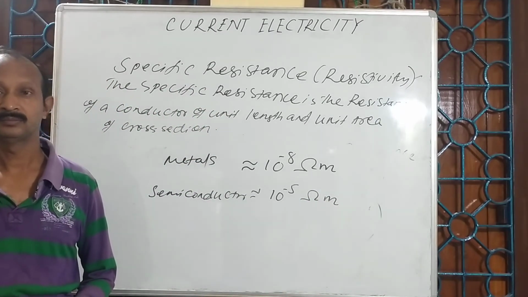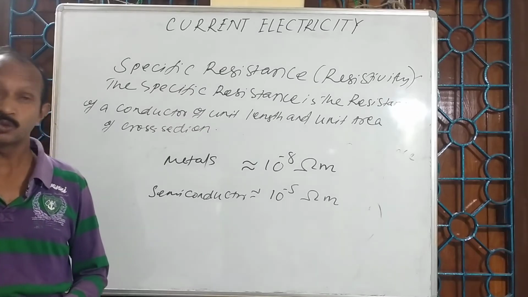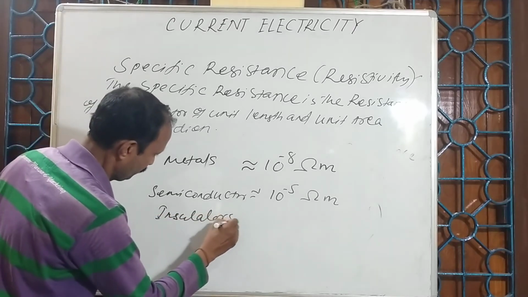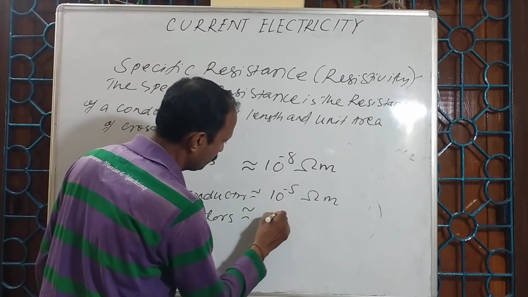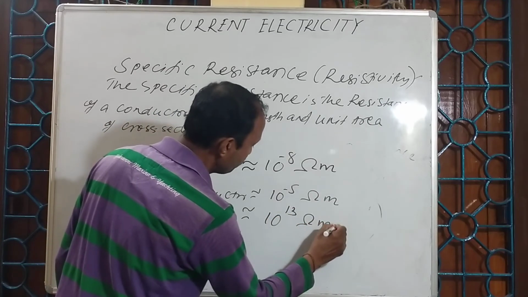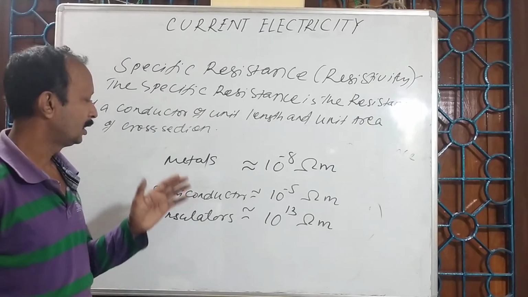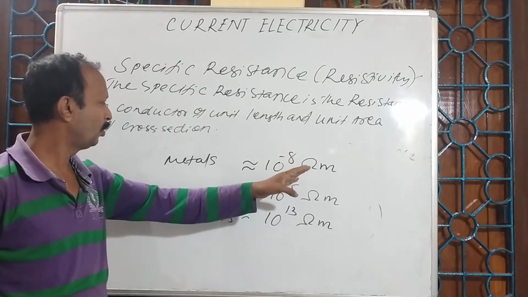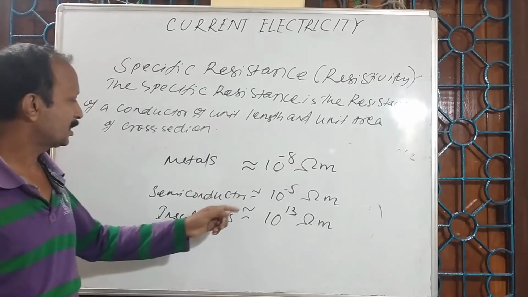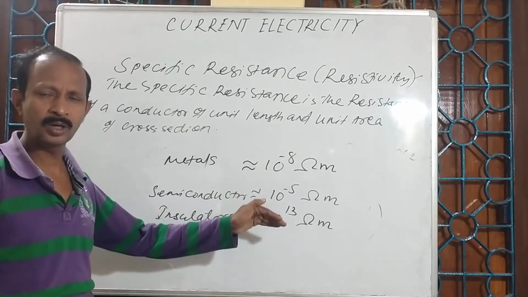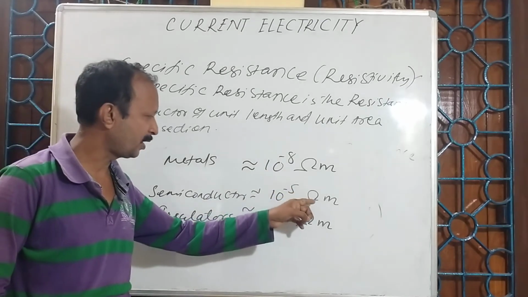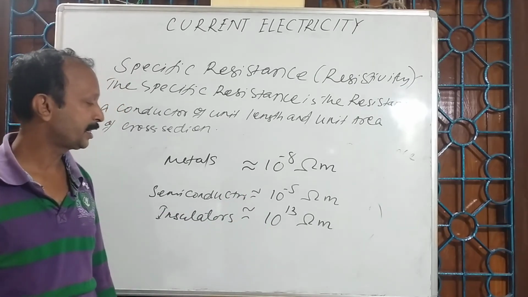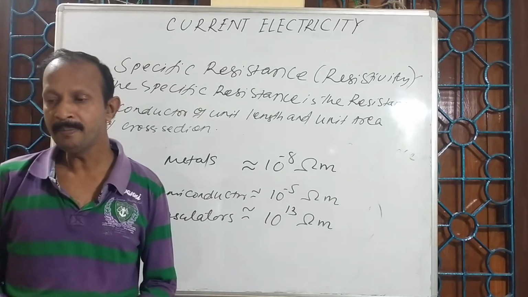But in case of insulators, it is very high, 10 to the power 13 ohm meter. Listen carefully. For metals, it is 10 to the power minus 8 ohm meter. For semiconductors, it is more than metals, 10 to the power minus 5 ohm meter. And so far as insulators are concerned, it is very high, 10 to the power 13 ohm meter.